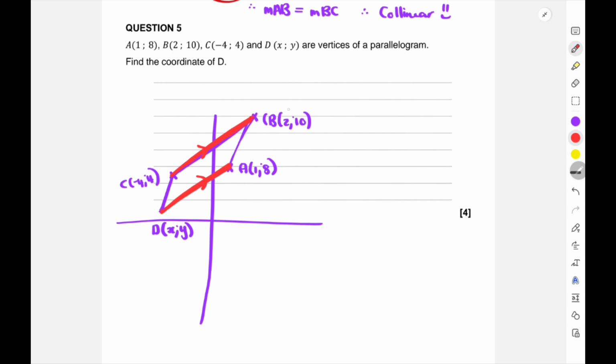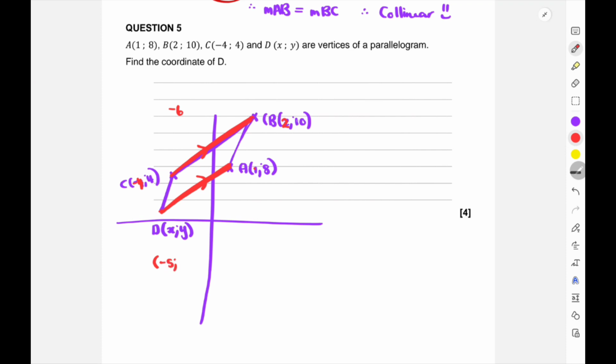Then you're going to ask yourself, how did I get from 2 to -4? Can you see the operation that I had to do is subtract 6. Now you're going to do the same to get from A to D. What is 1 minus 6? That gives you that x there is -5.